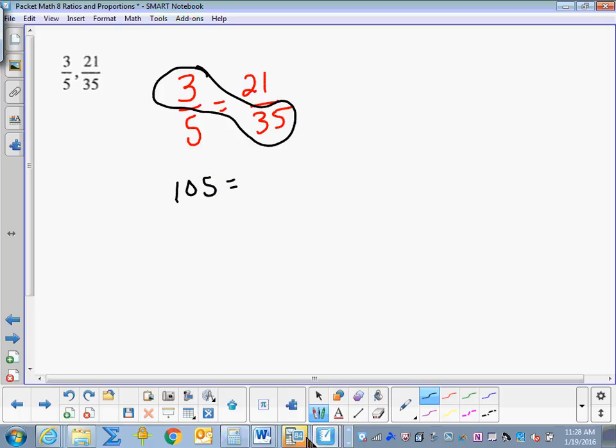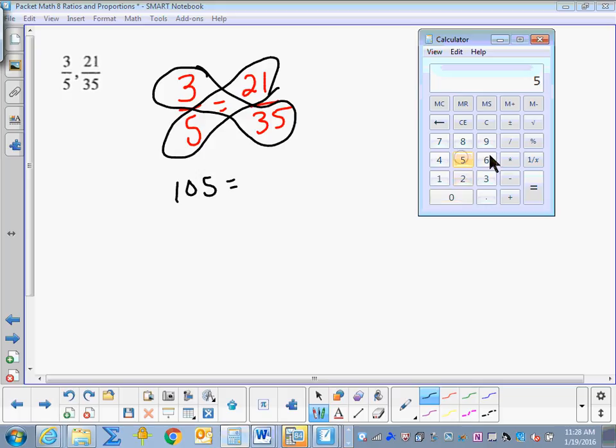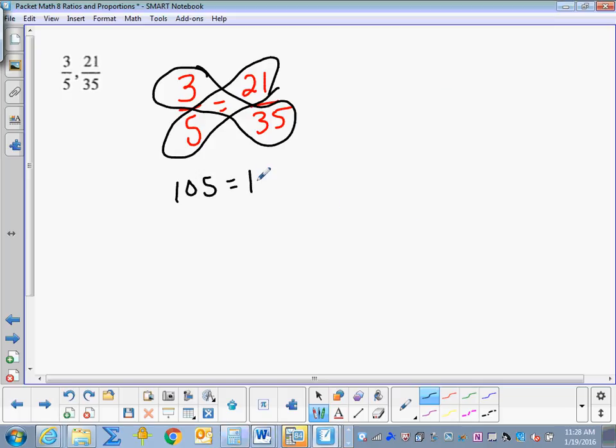And 5 times 21. So 105 is equal to 105. So this is an example of a proportion. Two equivalent ratios, two equivalent fractions.